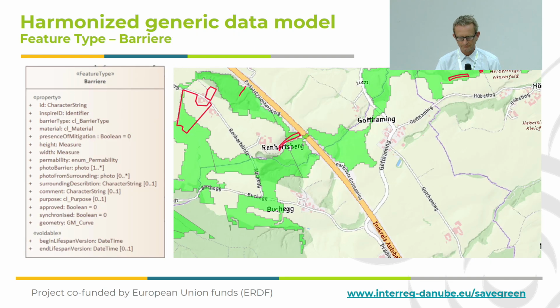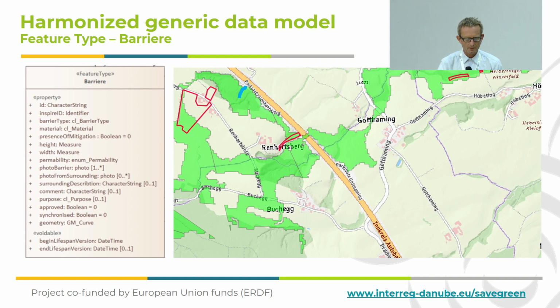One of the most important feature types is the barrier, which has really a lot of attributes. Whenever you see this CL underscore, it's a code list. We also have a larger hard copy about all the code lists used in the data model.